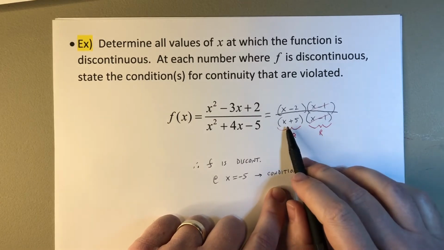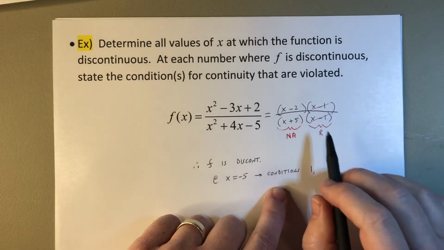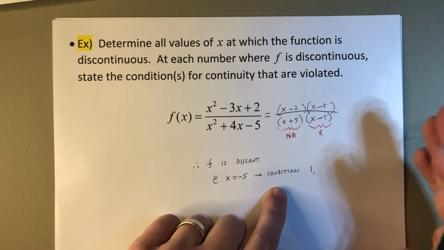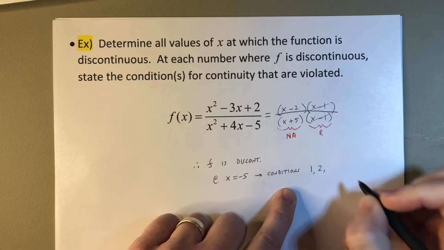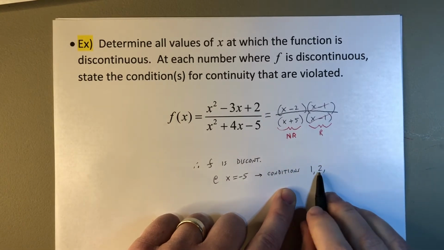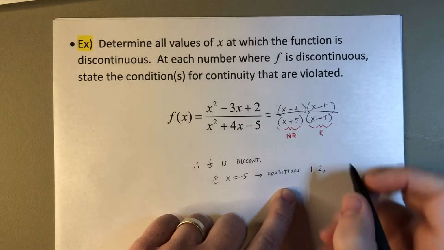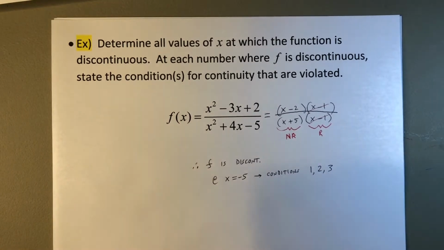If you approach -5 from the left, and then if you approach -5 from the right, you're going to get a negative infinity situation, which is not going to result in any limit. So that condition is violated. And remember, as soon as either one of the first two conditions is violated, then 3 is also violated.